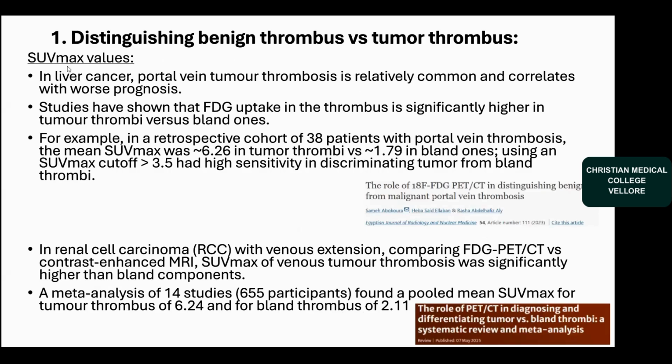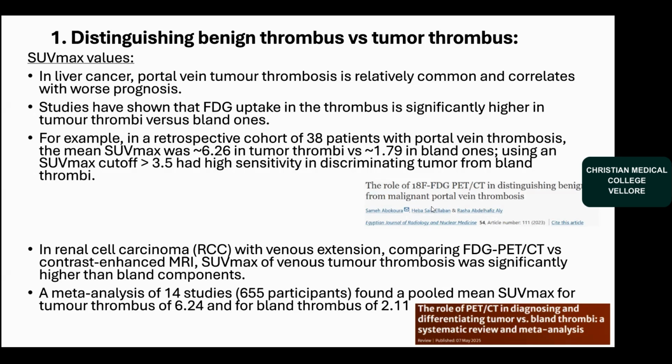Coming to SUVmax, based on some of the studies that have been done, first in liver cancer with portal vein tumor thrombosis, which denotes poor prognosis. Studies have shown that if it's a tumor thrombus, the SUVmax is significantly higher than a benign thrombus.